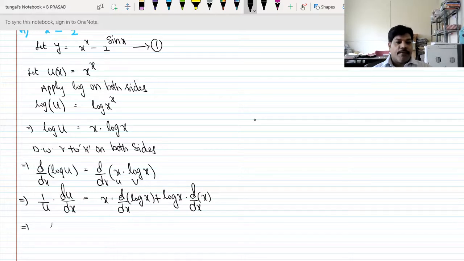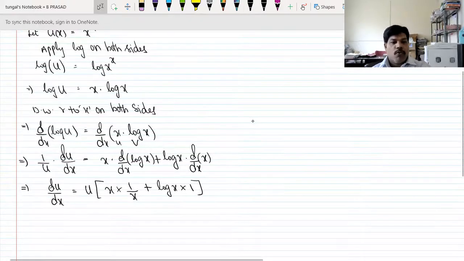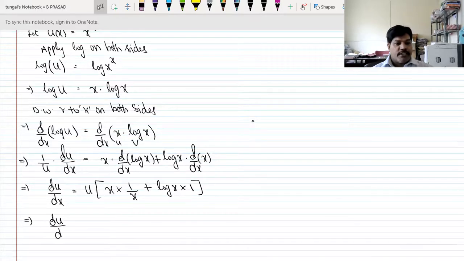Take this u to the other side, so du by dx is equal to u into (x into 1 by x plus log x into 1). The x will be cancelled, and u is x power x, so du by dx is x power x into 1 plus log x.